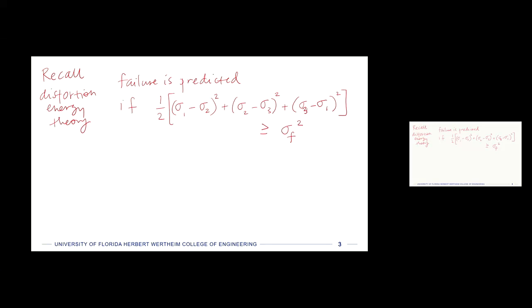And this equation was in part related to the distortion energy for any state of stress. So the distortion energy is UD, and it has a similar form. It's kind of a half, and then it has a coefficient out front, which helps us go between stress and energy.